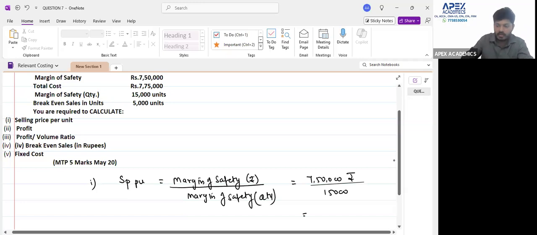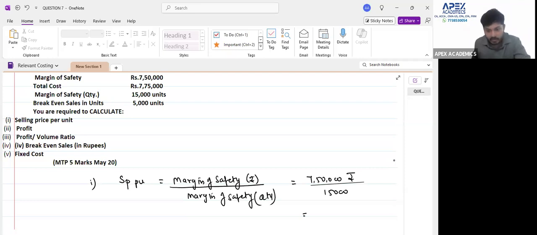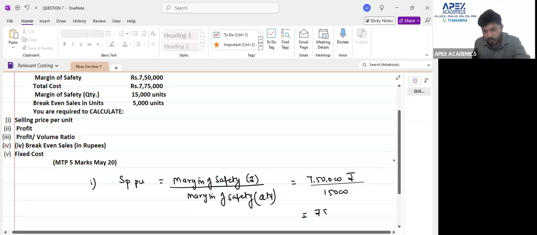So what is the answer? 7,50,000 divided by 15,000. It is rupees 50 per unit.